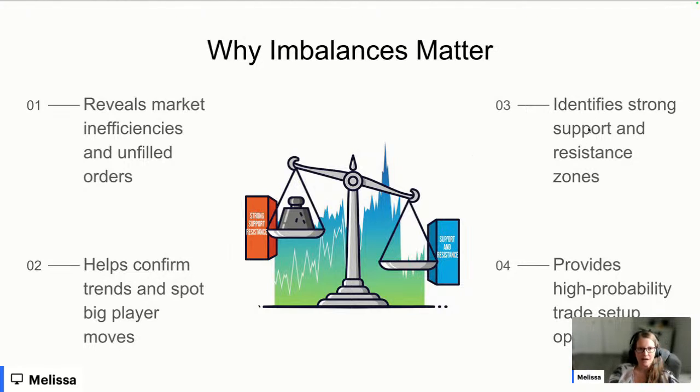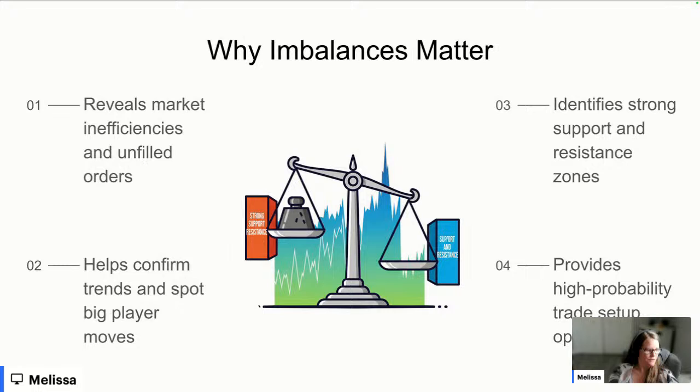They identify strong support and resistance zones and provide high probability trade setup opportunities. That, my friends, is why you should care about imbalance patterns. They, again, reveal market inefficiencies or unfilled orders that price loves to revisit.